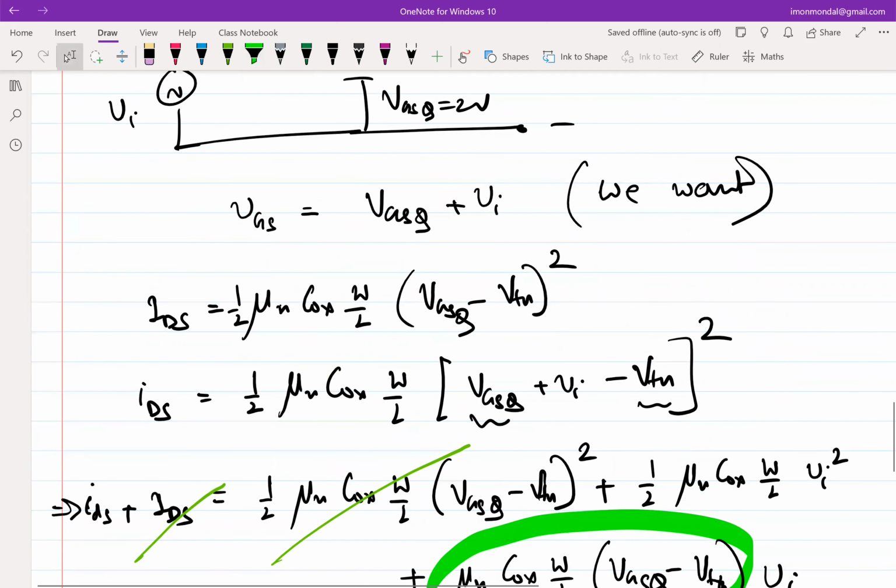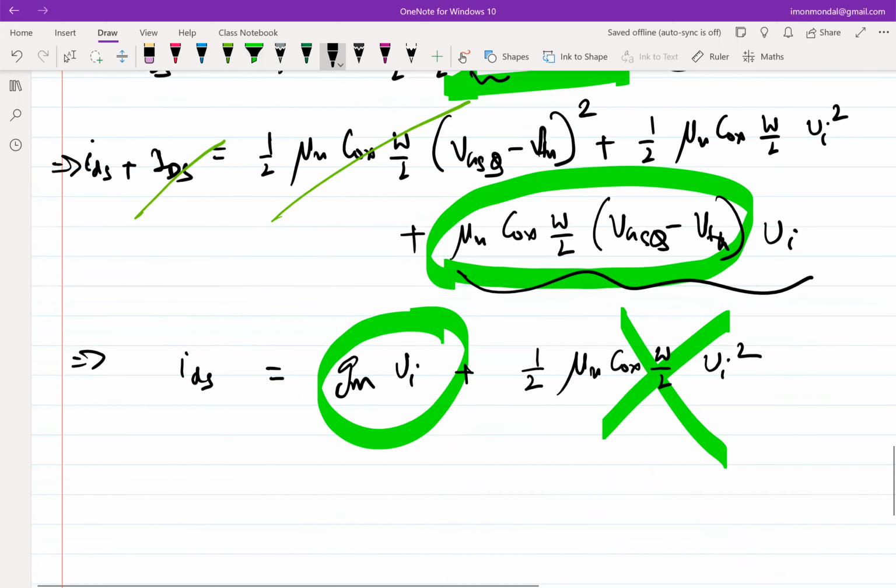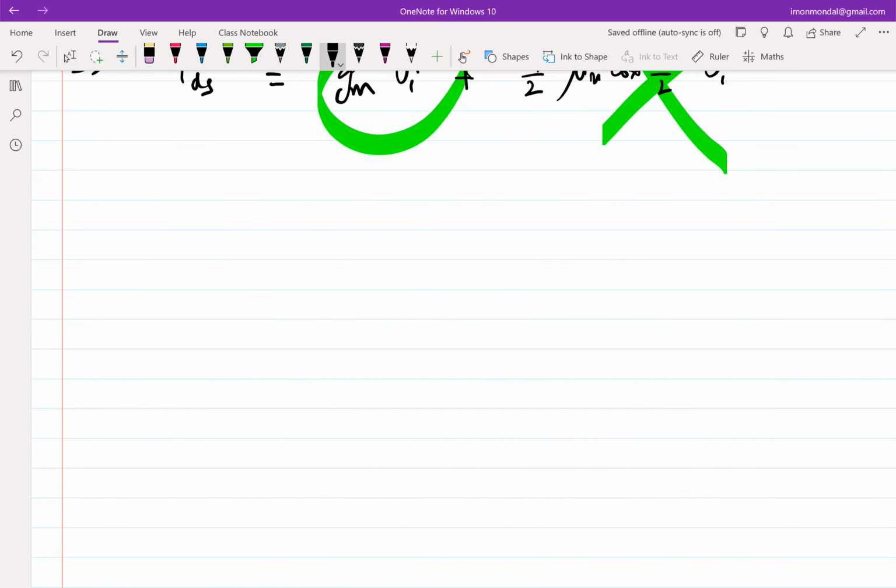Now, if this is true, where am I applying this VI to? I am applying this VI on top of VGSQ, which means I am applying a series voltage. So now how do you set up your circuit for a series voltage condition? You simply say that I have this VGSQ and I apply VI here.